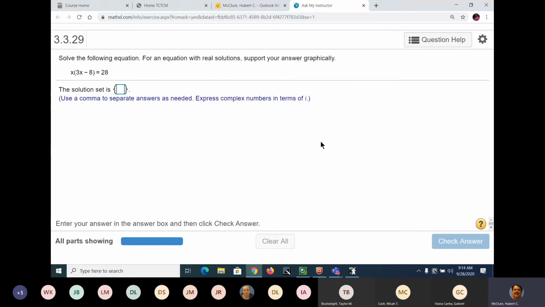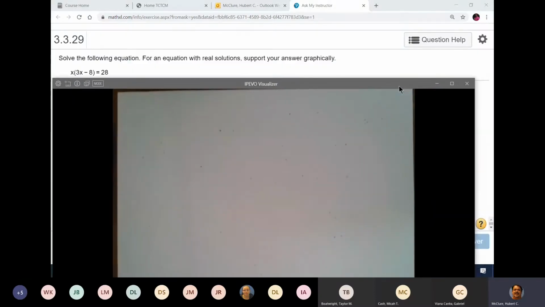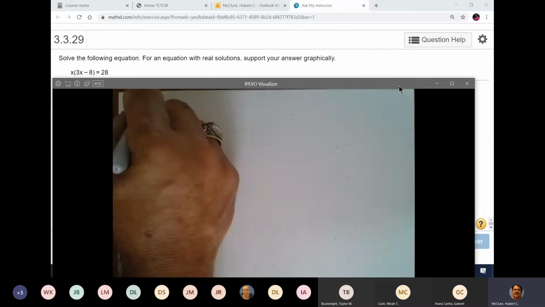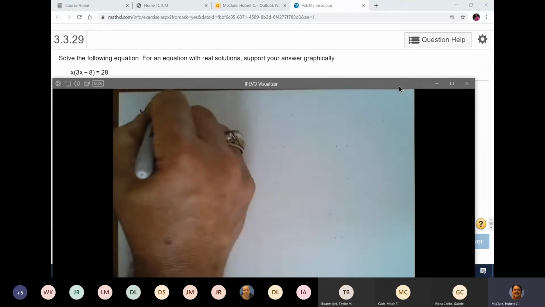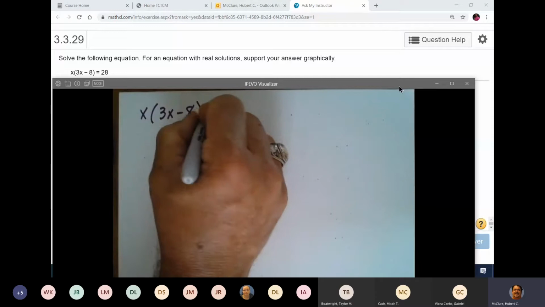So this question, let me turn on the handy dandy do-jigger. There we go. Make it smaller, bring it down. And we're going to do x times 3x minus 8 is equal to 28.